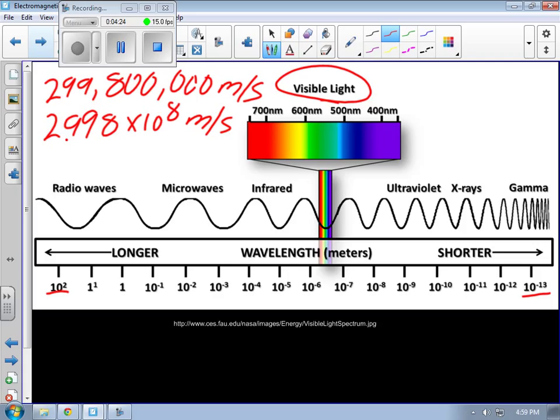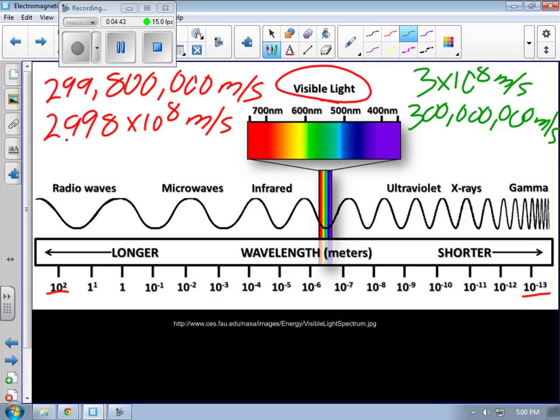For this course, we're going to call the speed of light 3 times 10 to the 8th, or 300 million meters per second, just to simplify things a little bit.